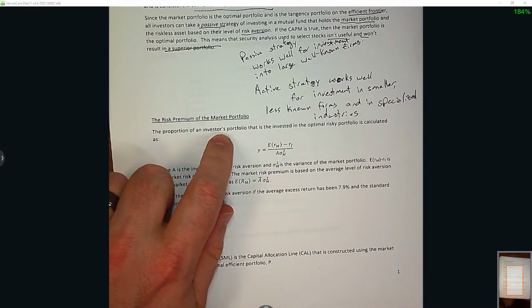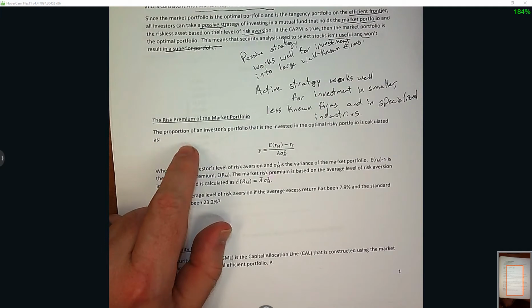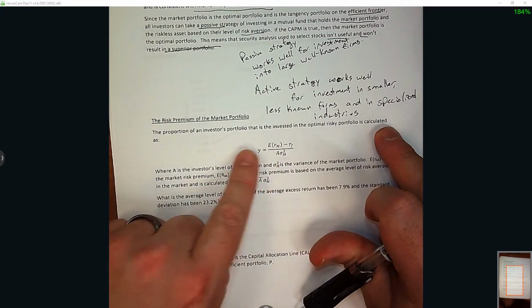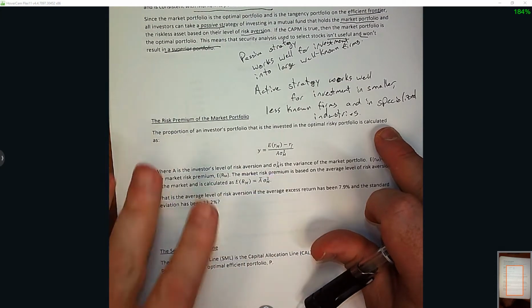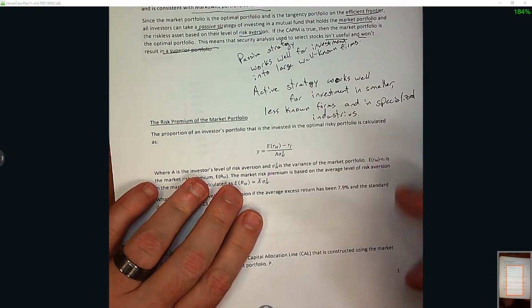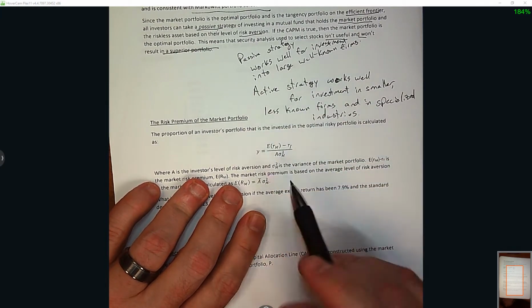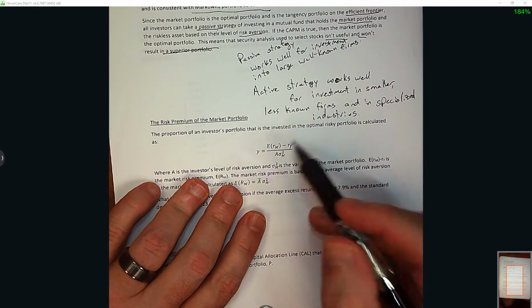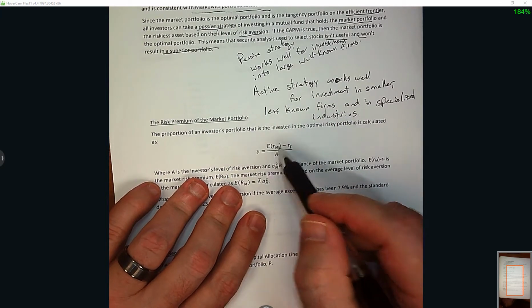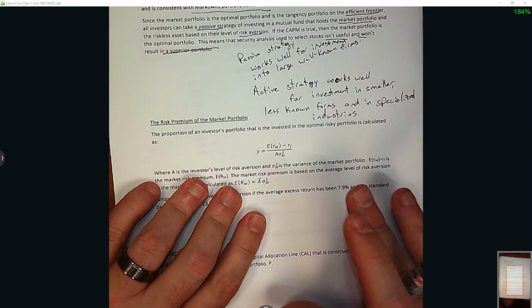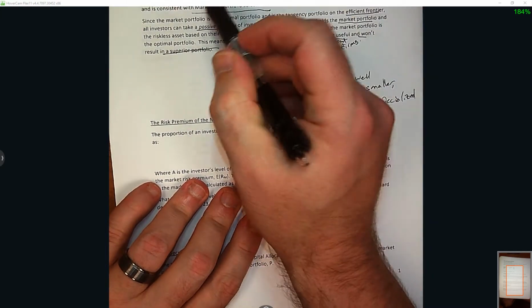The risk premium of the market portfolio. So the proportion of an investor's portfolio that is invested in the optimal risky portfolio is calculated as, and we've seen this before, we take the returns for the portfolio, and before we had that as R sub P. Now we're just writing RM, because remember in the last set of notes we have the market portfolio, which is the best portfolio. We have it again here.